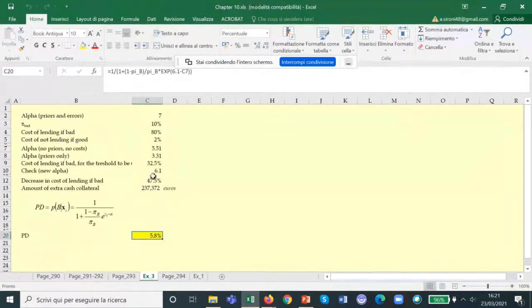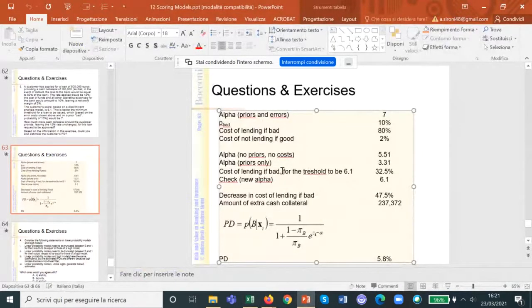You start from 7, and you actually compute the alpha, the cutoff point, without the priors, without the error costs. And you see the equation above, which is doing exactly the same. Then what you do, you compute the cutoff point with the priors only, because those are not changing, okay? Now with the priors only, of course, the cutoff point is lower, is more optimistic, okay?